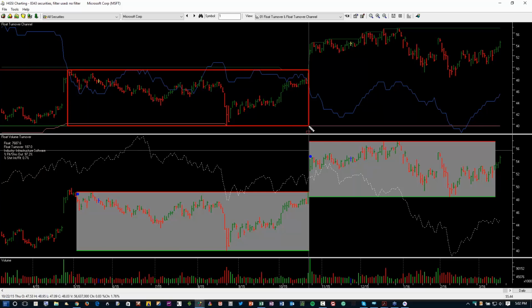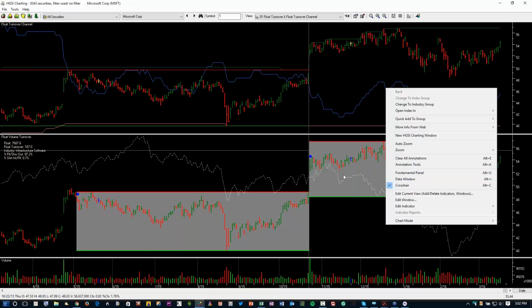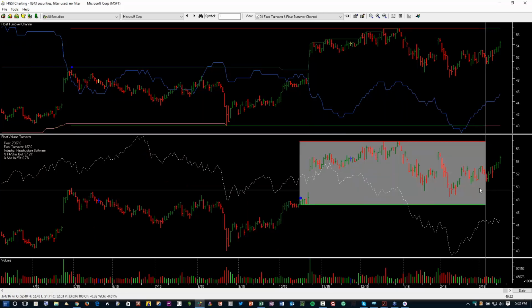A narrow box means it traded very tightly across that period of time, so in theory, breaking out of that box may be more significant than if it was a very wide-ranging stock that moved all around the box. There's no real math yet, I think, on exactly what it means, but it is significant in that it is the range that the stock traded in during that turnover period.